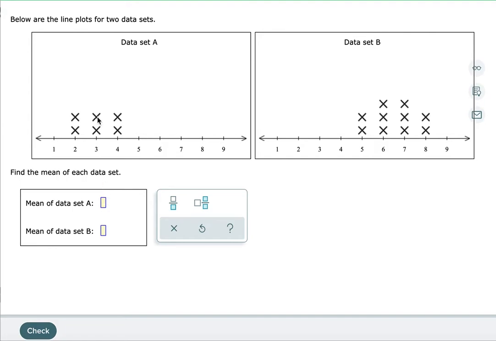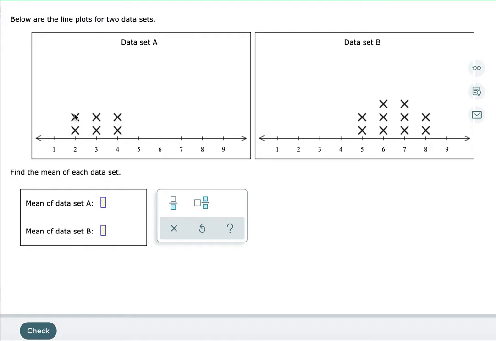So let's do this really quick and check that. Maybe you call BS on that and say, I don't know if I believe that. So let's test it then. Let's add all these up and divide by 6, because there's 6 pieces of data here. We've got 2 that repeats, 3 that repeats, and 4 that repeats.